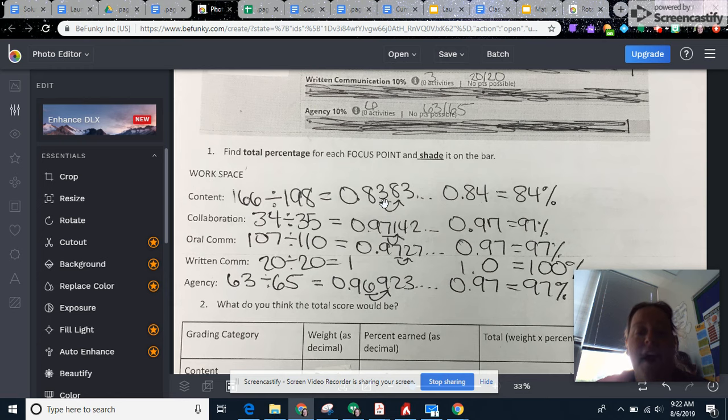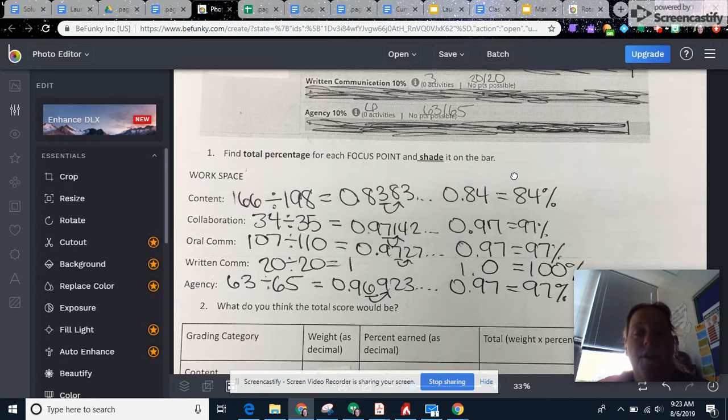When you round that, since we are talking percentage, please make sure you at least round to the nearest hundredth. So you're looking at the 3 and you look back. Since you're looking back, the 8 is going to make the 3 change to a 4. So you're going to be rounding up because of that 8. So 0.84, and then what's that going to look like as a percentage?